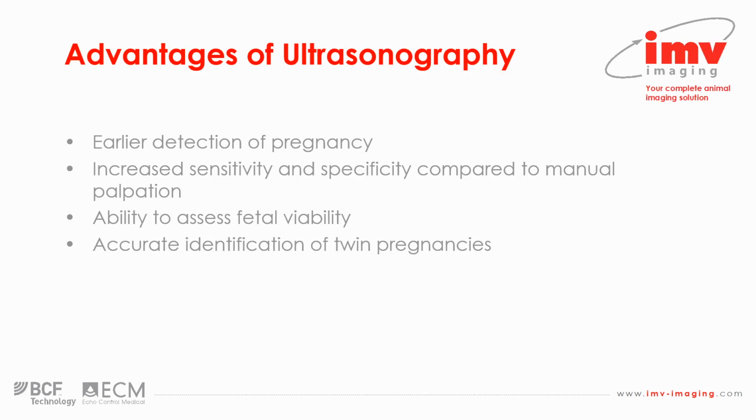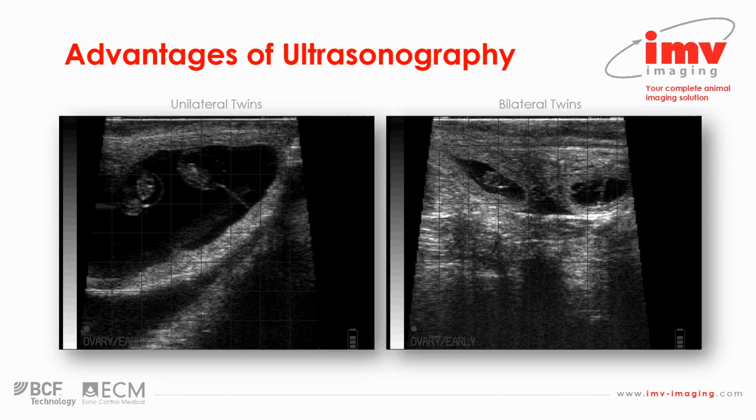And you can accurately and reliably identify twin pregnancies, again assuming a certain level of experience and care from the operator. So just an example here, two examples in fact of pregnancies with twins. On the left image we have unilateral twins, so that's two twins together in the same horn.